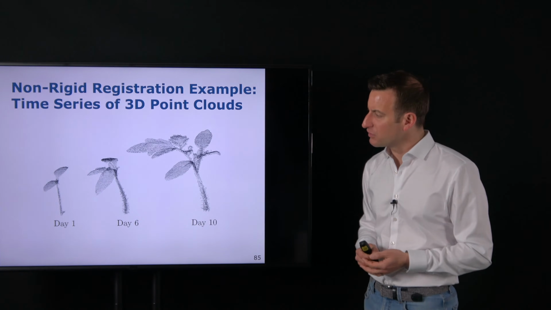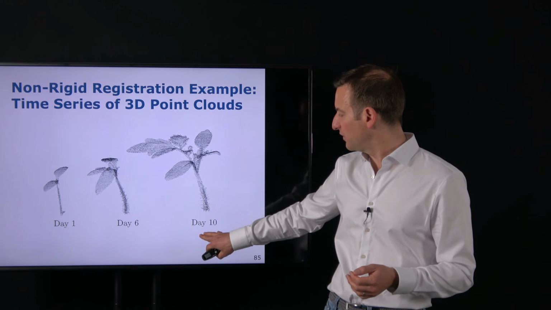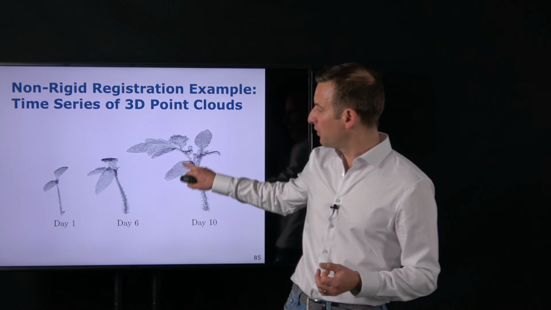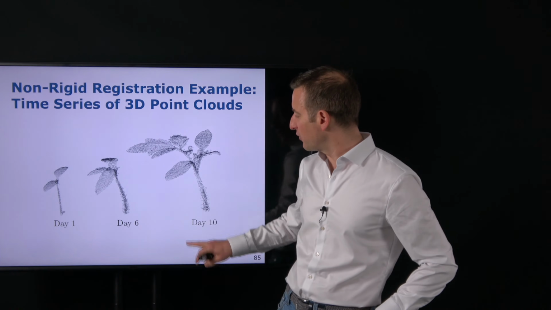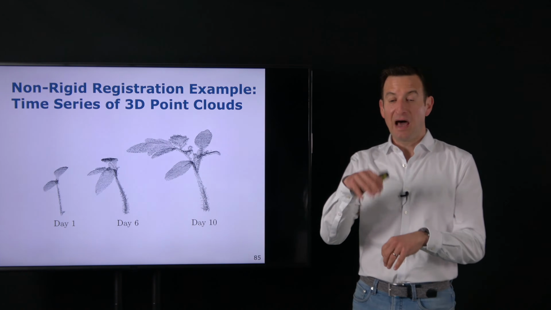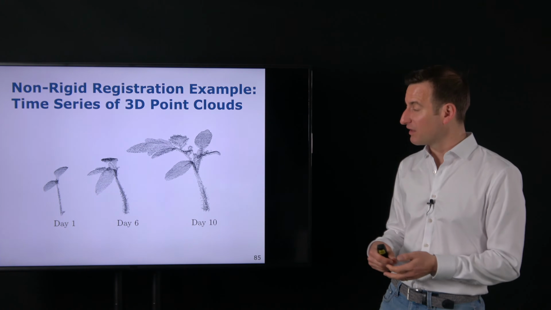So this is an example of how that could look. This is a point cloud of a plant at day 1, day 6, and day 10. This is a tomato plant. You see the point clouds, and you can imagine that it may be very tricky to align this point cloud with this point cloud to, for example, estimate how the stem has been growing, what the change in the size of the leaves is, things like this.